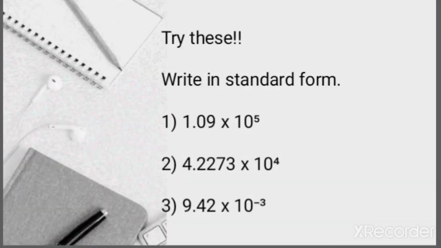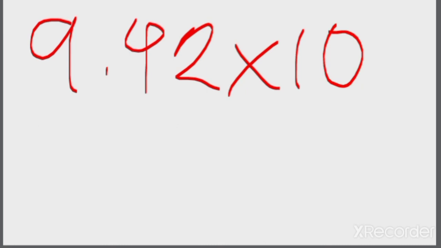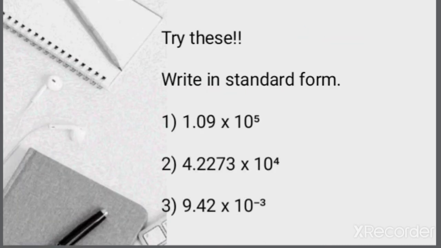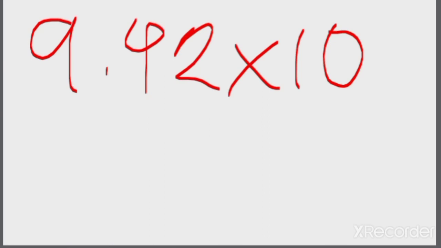Example number 3, we have 9.42 times 10 to the power of negative 3. So since our exponent is negative, we move the decimal point to the left. From here we move this one to the left.